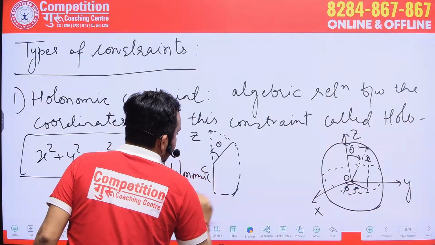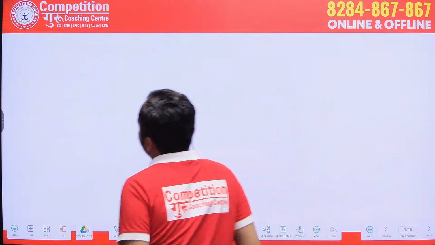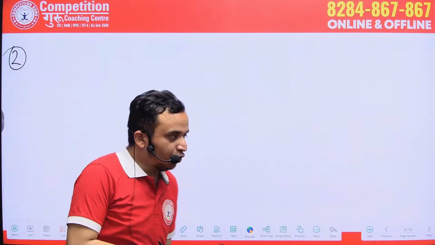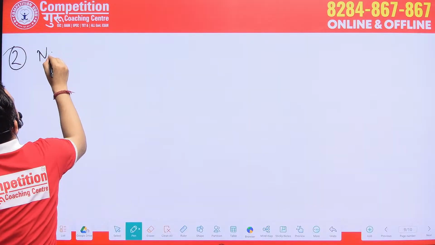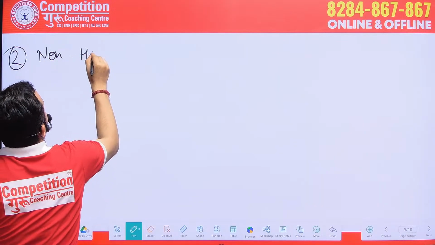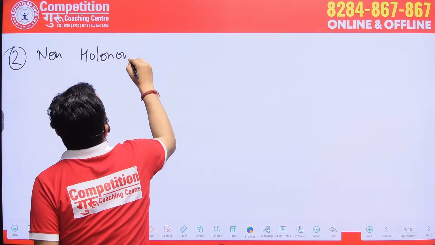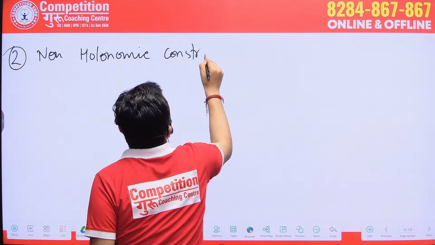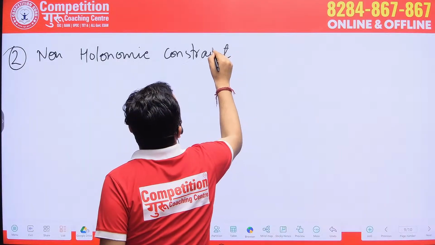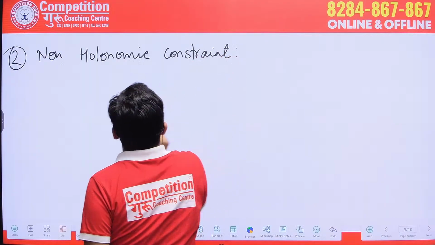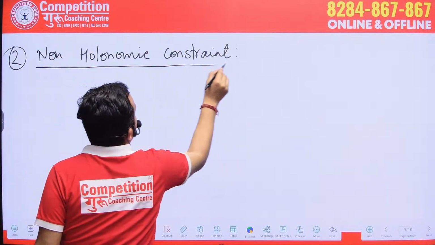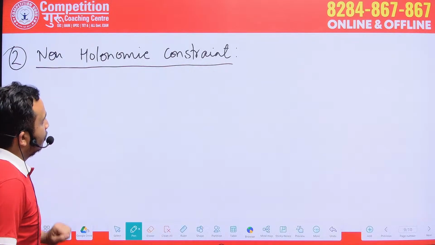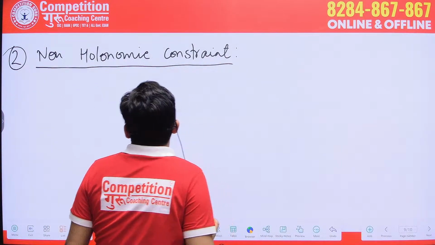Holonomic constraint. Okay, so another type of constraint is non-holonomic constraint. Let us take one example.